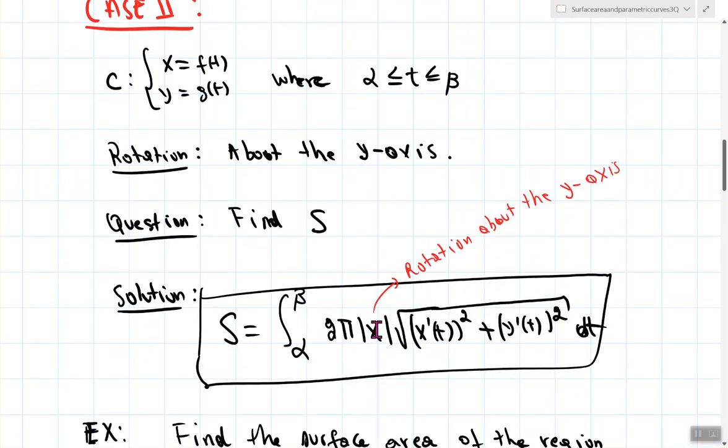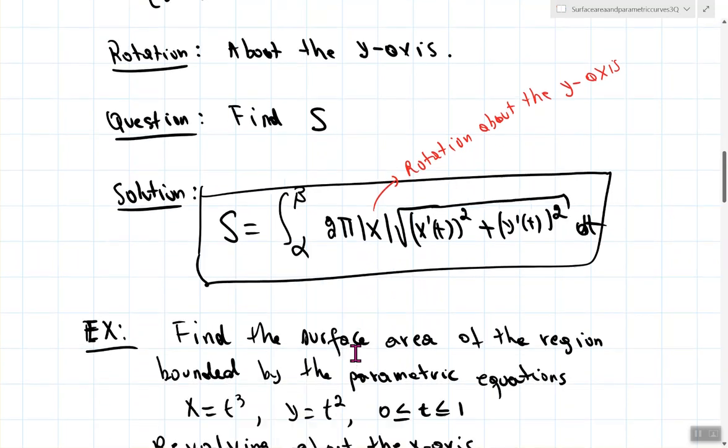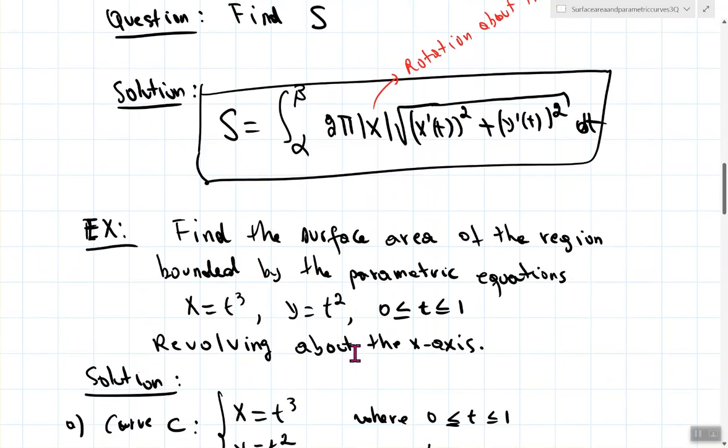So anytime the rotation is about the y-axis, to find the surface area of rotation, we will always have 2 pi times the absolute value of x here. x is basically the radius of the circle. So 2 pi times the absolute value of x, and then this is just the arc length element. So that's the difference. So let's do examples.